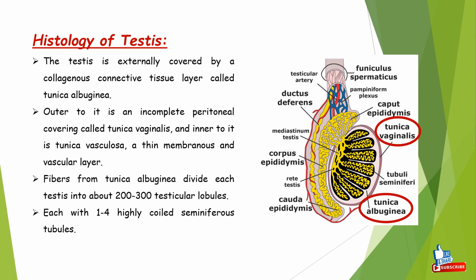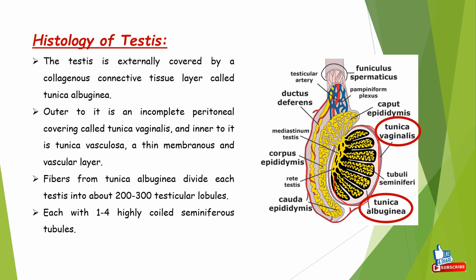Now let us see the histology of testes. The testes is externally covered by a collagenous connective tissue layer called the tunica albuginea. Here, this is the outermost part, the tunica albuginea.